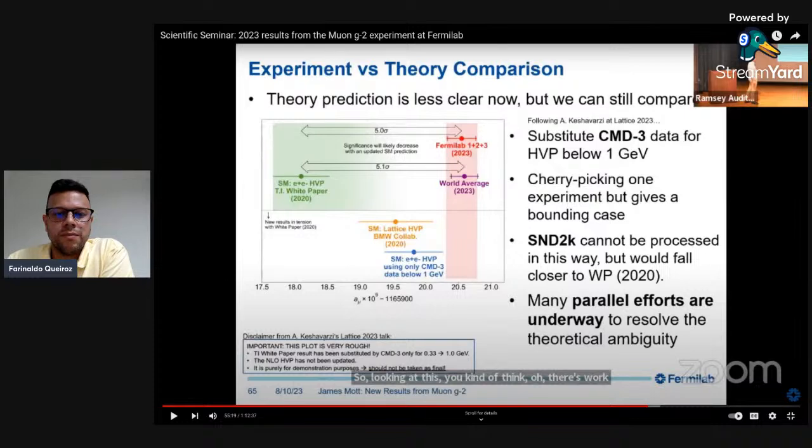So this lattice HVP means hadron vacuum polarization. In this case, they are using lattice QCD or something like this. That's the difference. The yellow, yes, they're using that. And for instance, this one I'm not aware of, I don't know precisely what it is. It's saying e plus e minus hadron vacuum polarization using only CMD-3 data.